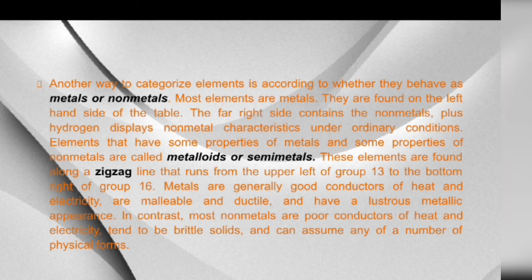Metals are generally good conductors of heat and electricity, are malleable and ductile, and have a lustrous metallic appearance. In contrast, most non-metals are poor conductors of heat and electricity, tend to be brittle solids, and can assume any of a number of physical forms.